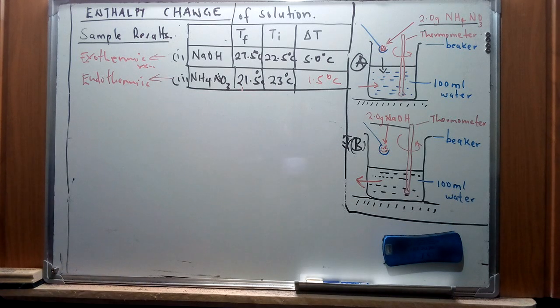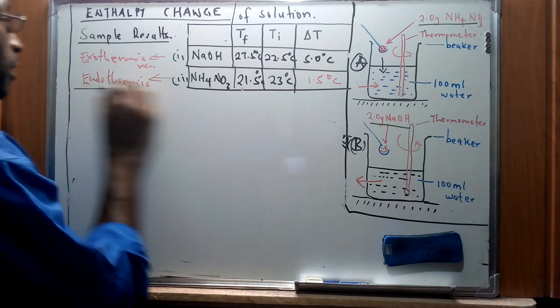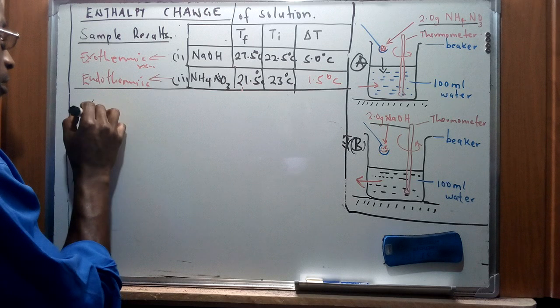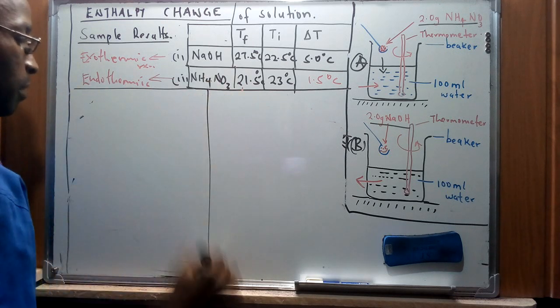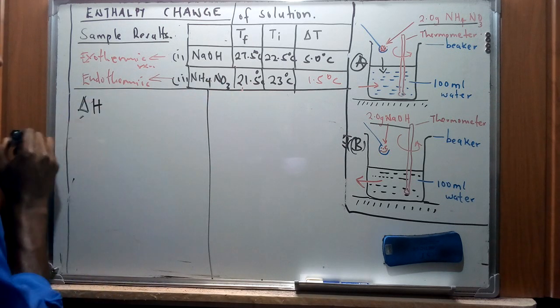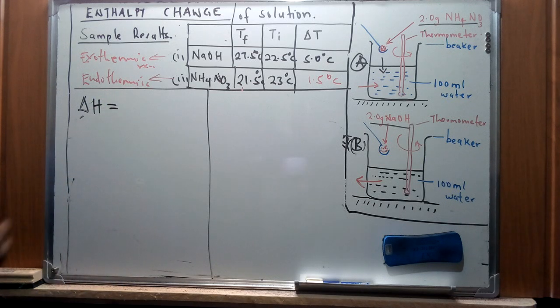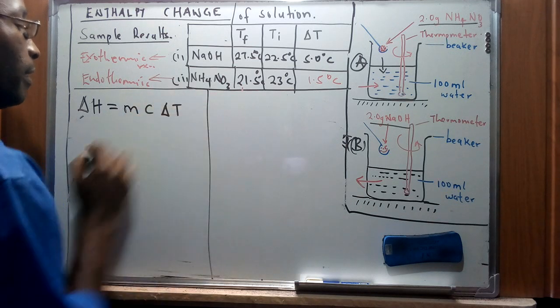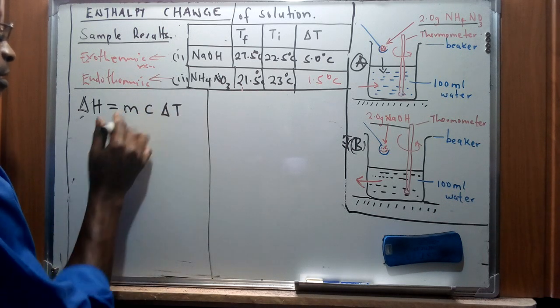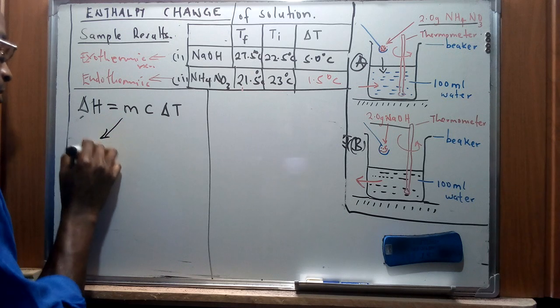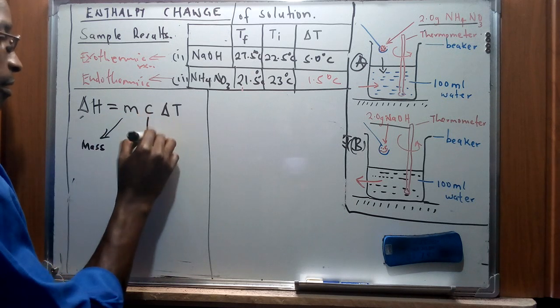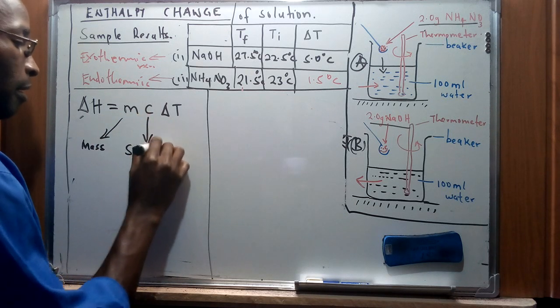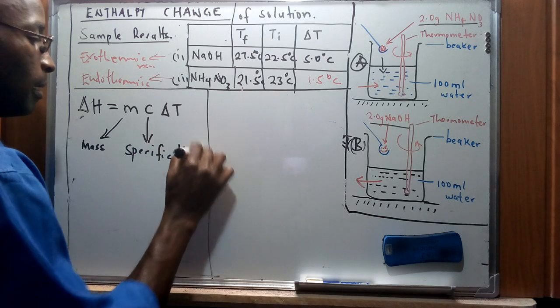Now, we have been mentioning the change in enthalpy being given as delta H. Sorry for that, just trying to minimize space. So this delta H has a formula, and it can be given as m c delta T. This one implies mass, and this one implies specific heat capacity.